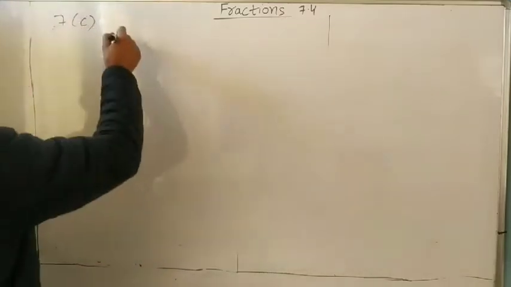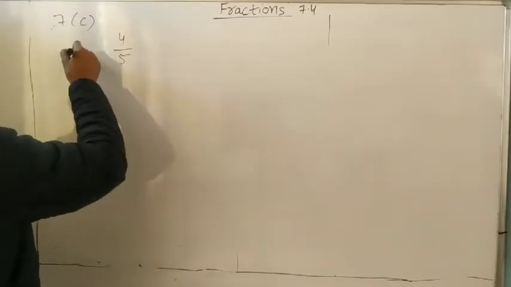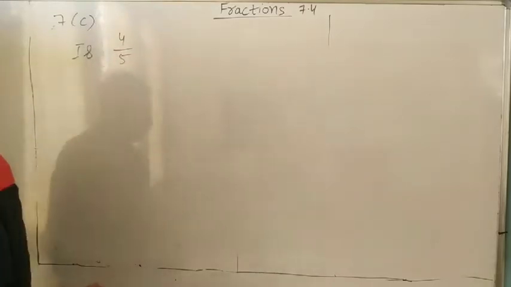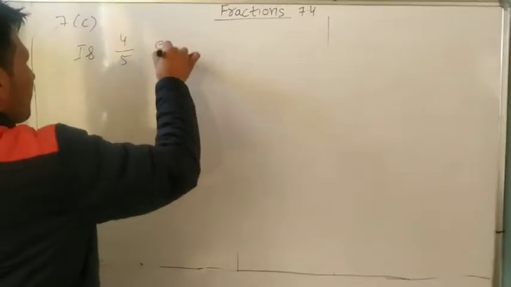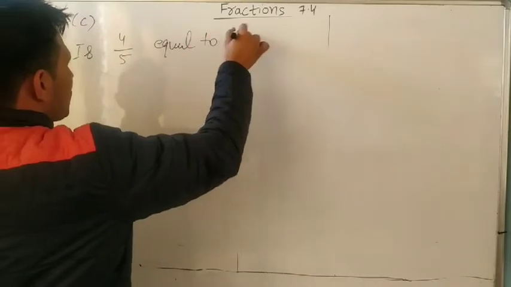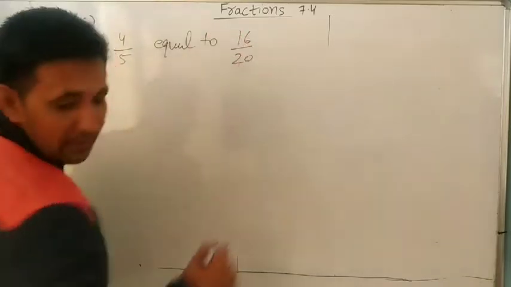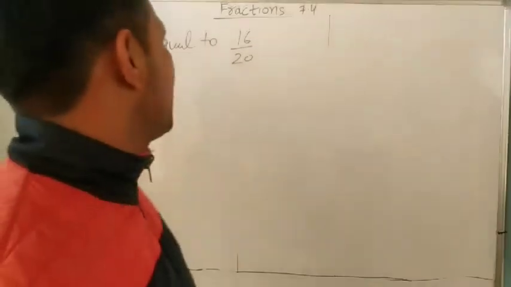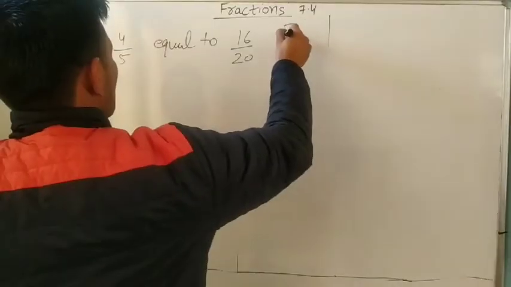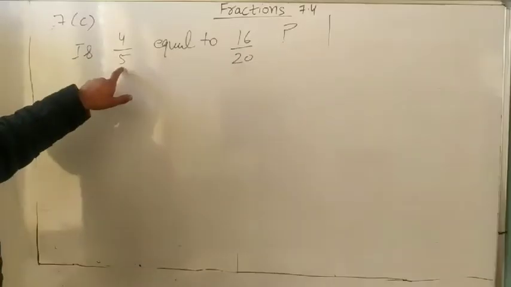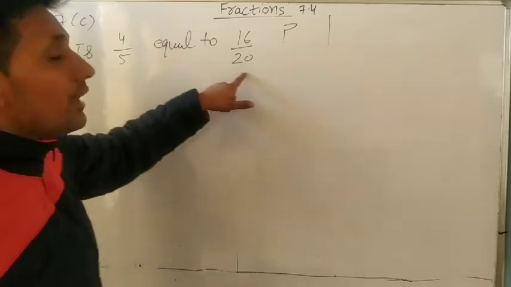The 7 C part is 4 by 5 equal to 16 divided by 20. Here the denominator is 5, here it is 20.